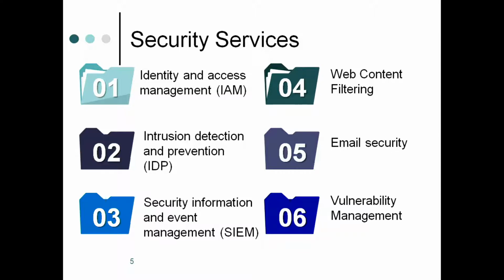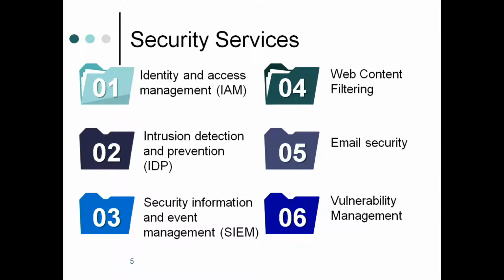Web content filtering is very crucial nowadays. We have email security. Everyone has email systems, and if you are hosting it on your own, it becomes critical for the security of the organization. Then we also have vulnerability management. So these are the broad 6 services that are provided in terms of security.